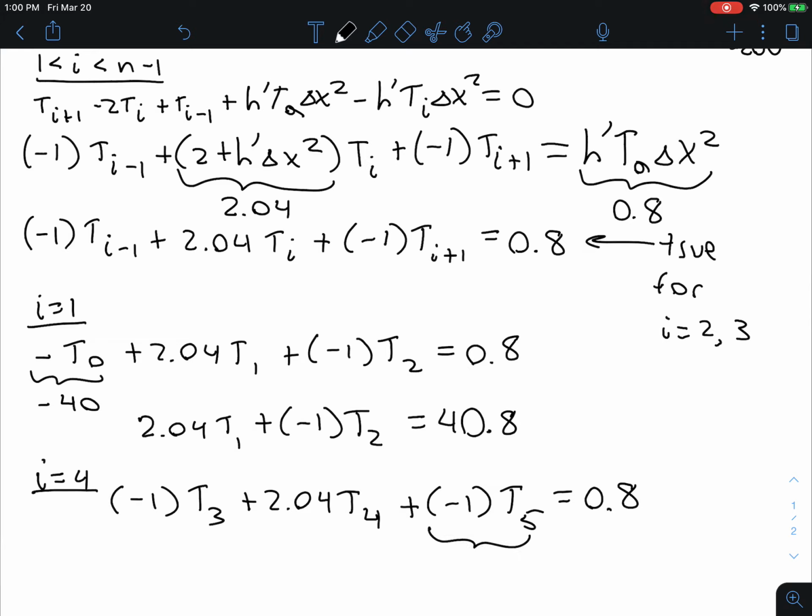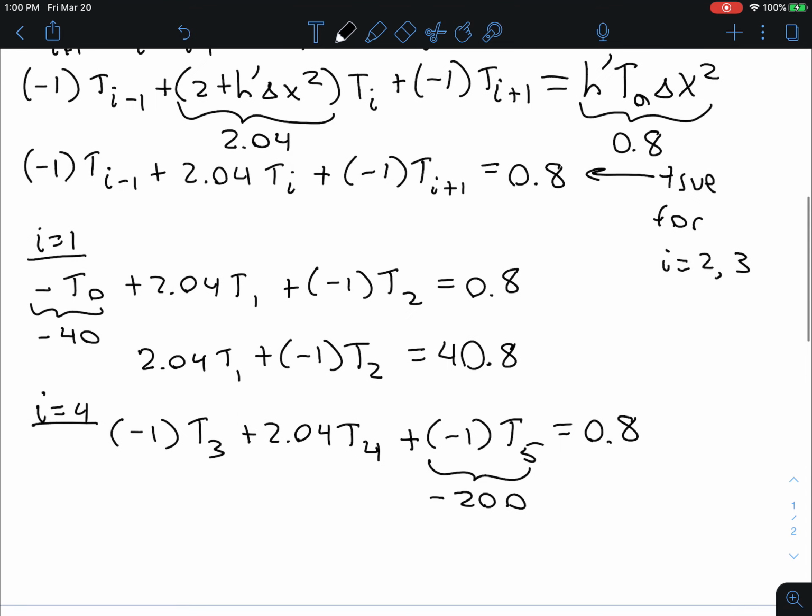This we know to be minus 200. Therefore, what we have is negative 1 T3 plus 2.04 T4 equals 200.8.